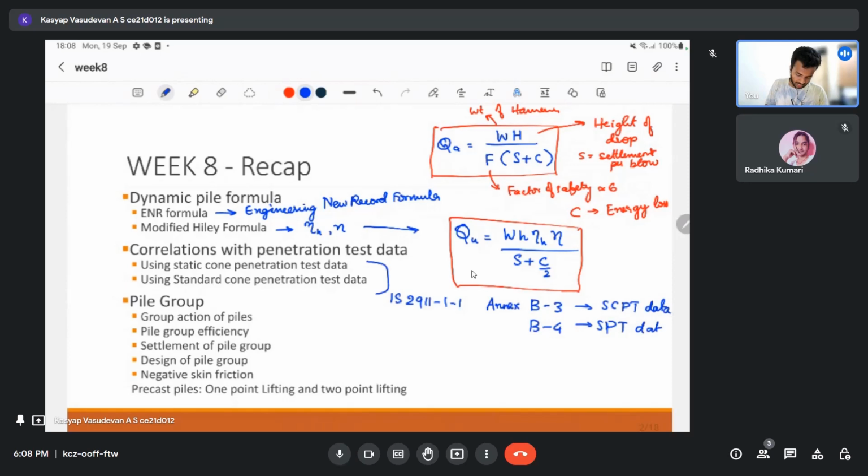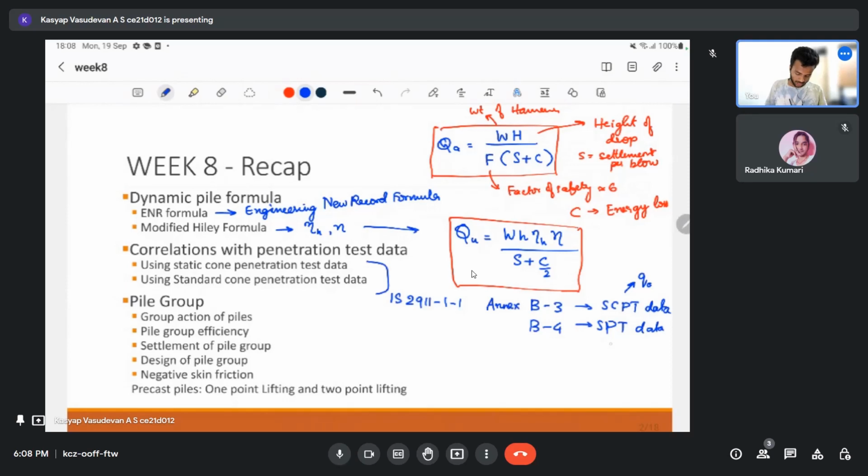Using this data, there are correlations that we can use to arrive at the ultimate capacity of the pile. When I say SCPT data, we have the static cone resistance. Using that value, whatever we get in the field, we can directly arrive at our capacity.